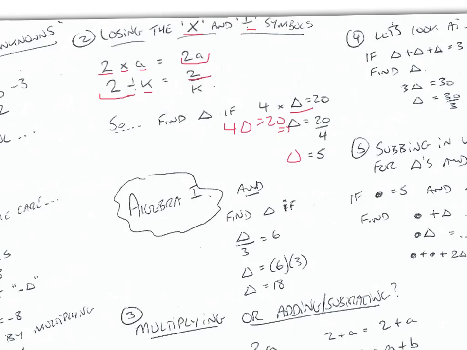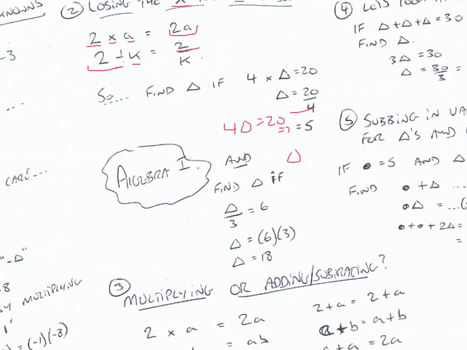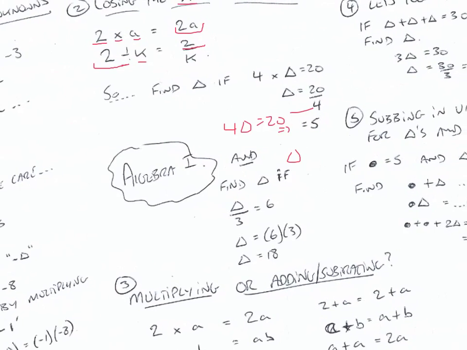And similarly here, if we're looking to find the triangle, if this triangle divided by 3 is equal to 6, then the triangle is equal to 3 times 6. The triangle must be equal to 18. And if we were to plug that back in here, 18 divided by 3 is equal to 6.